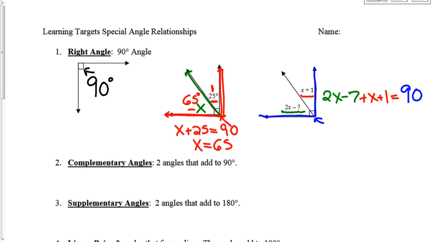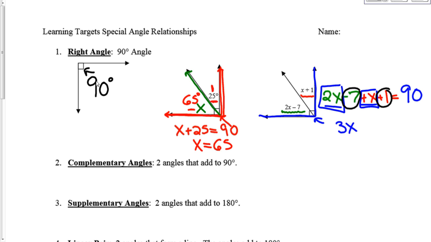All right, and now I'm going to solve my equation. Let's start by combining like terms. I'm going to square all the x's. I'm going to circle the numbers. I'm going to combine my like terms. All right, so I know that 2x plus x, I have two x's, and I add one x, I get 3x.